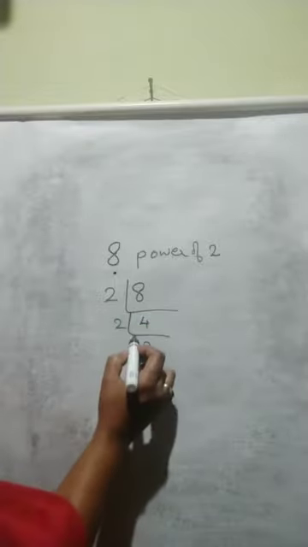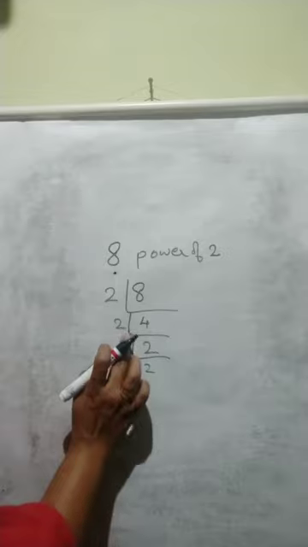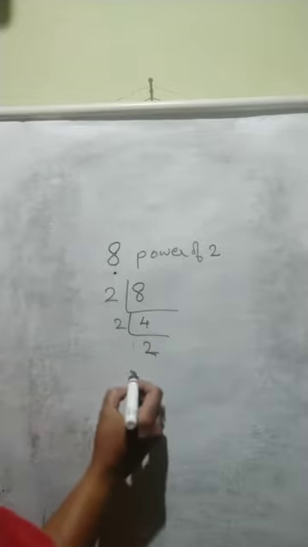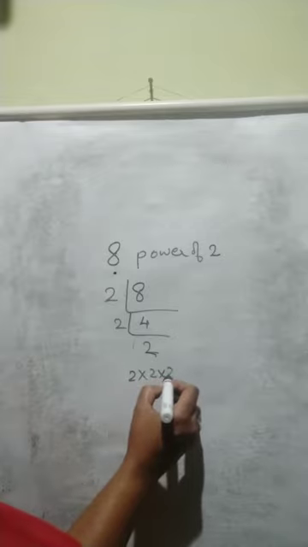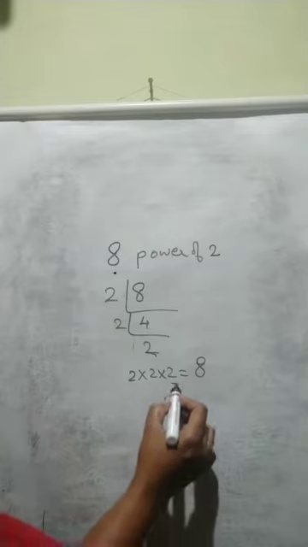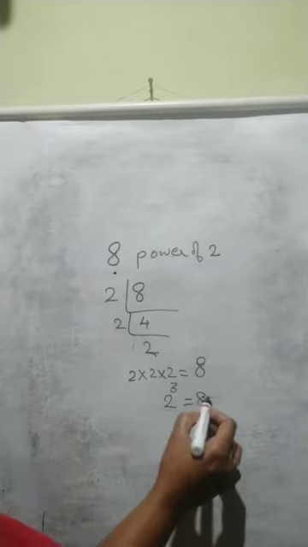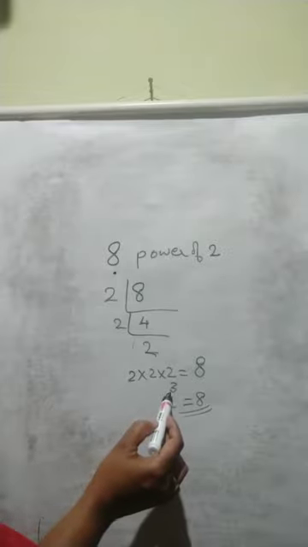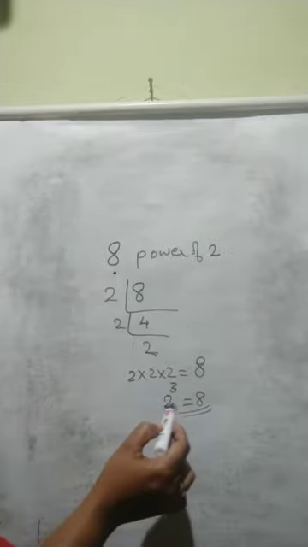We can stop here, 1 and 2 only. Dividing by 1 is of no use, so we keep it there itself. So 2 times 2 times 2 is equal to 8. Then we can write this as 2 cubed is equal to 8. Got it? So now we can say third power of 2 is 8.